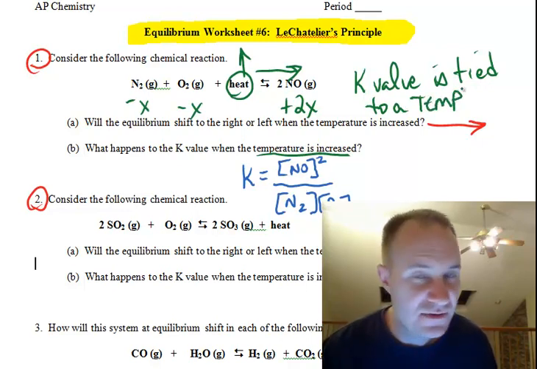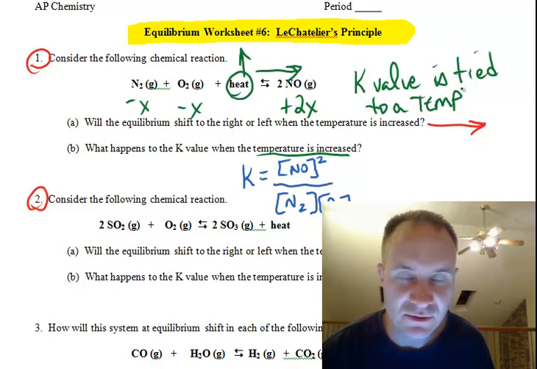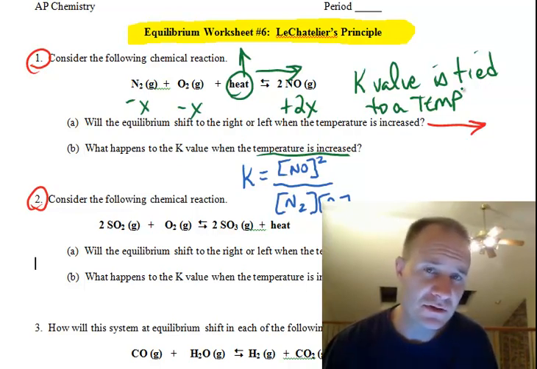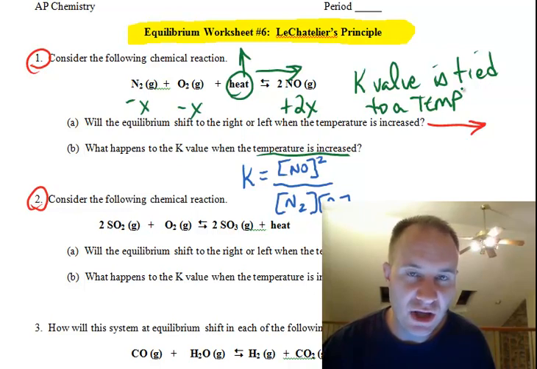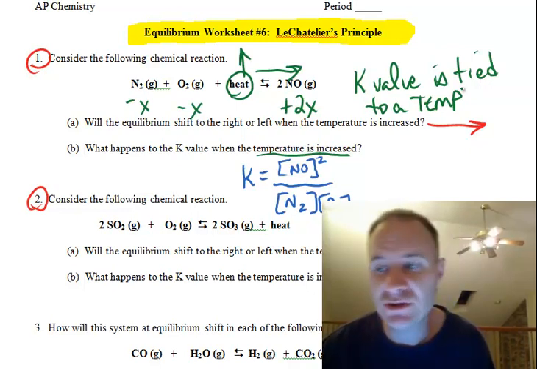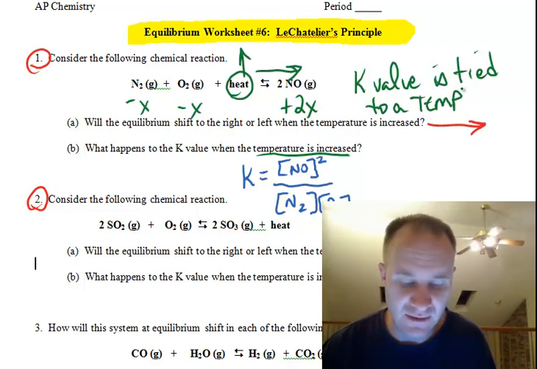And so you've seen in problems where I'll say K is equal to 54.3 at such and such a degree Celsius or Kelvin. The K value changes with changing temperature. So it's important that we recognize the only way to change a K value is to change the temperature. Otherwise we would say it shifts left, shifts right, but does not change the K value. Temperature changes affect the K value.